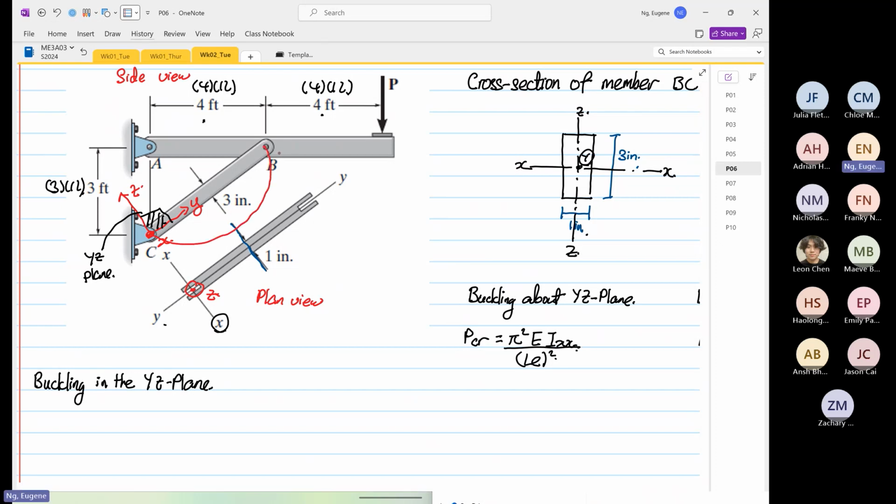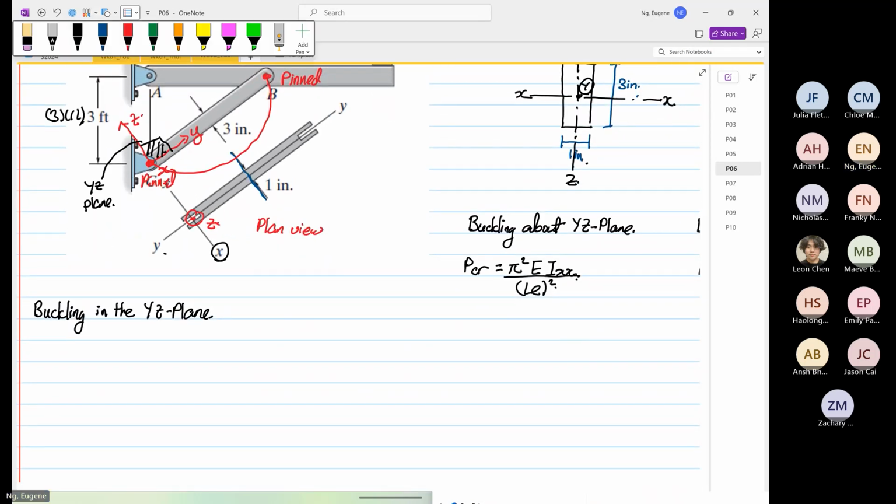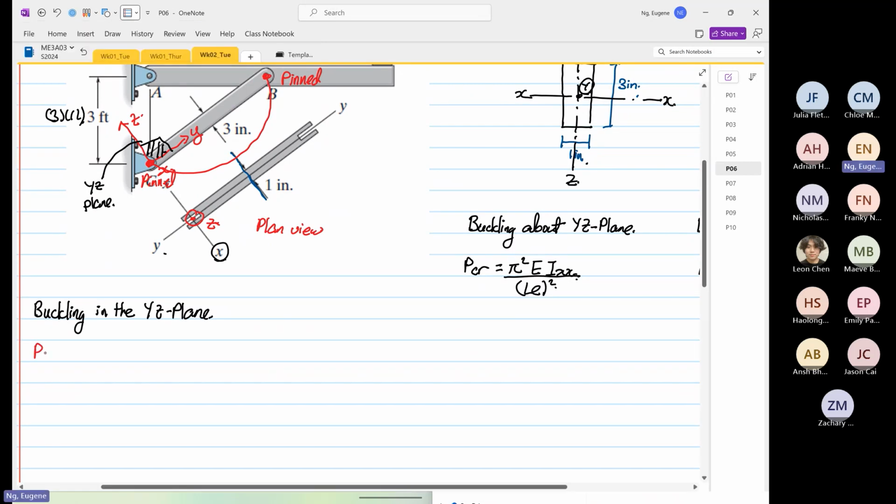And if you look at both point B and point C, this is pinned, right? And this is also what? Pinned. Because physically, you can see that there's a pin down there. Okay, and it cannot withstand any moments at all. So we know that both ends are pinned.